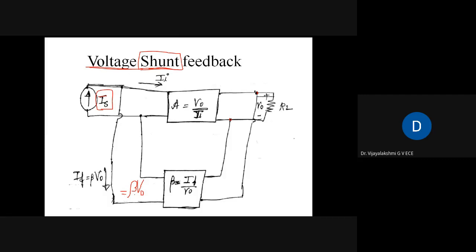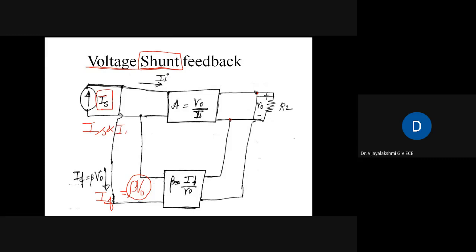So we denote the part of the output signal that we have taken, beta times V naught, as IF. IF is the feedback signal, and now I am feeding IF in parallel to IS. So at the input, IS and IF are combined.